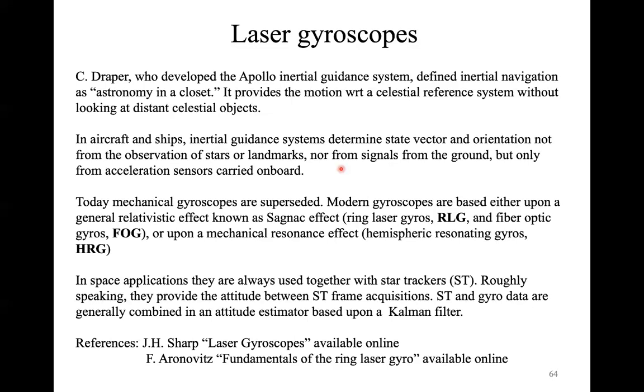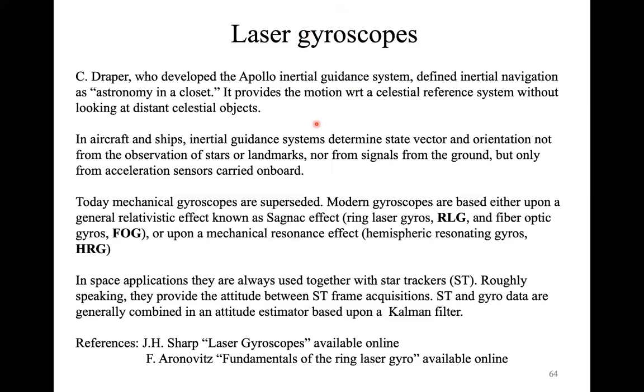So today we're going to focus on the laser gyroscopes, which represent a concrete instrument that is important to determine the orientation of a spacecraft with respect to the inertial reference frame.